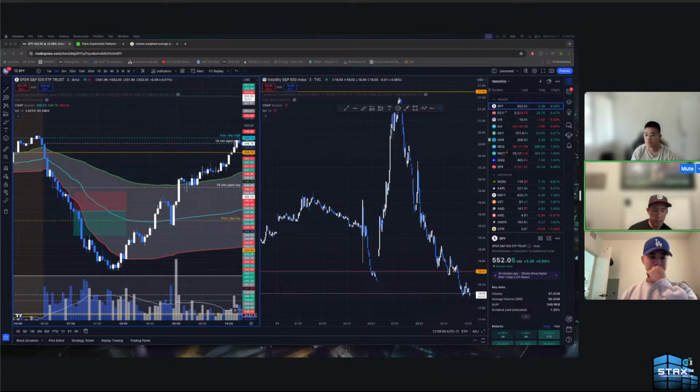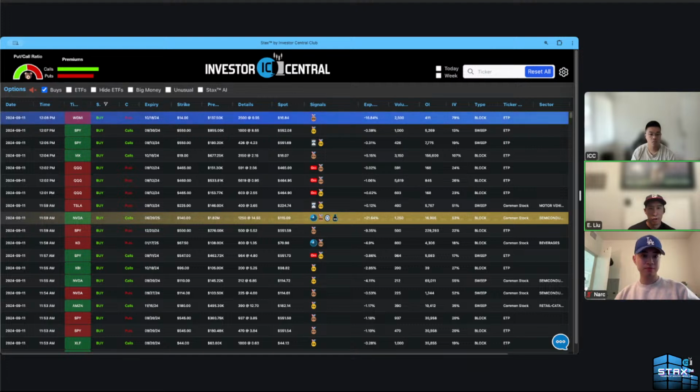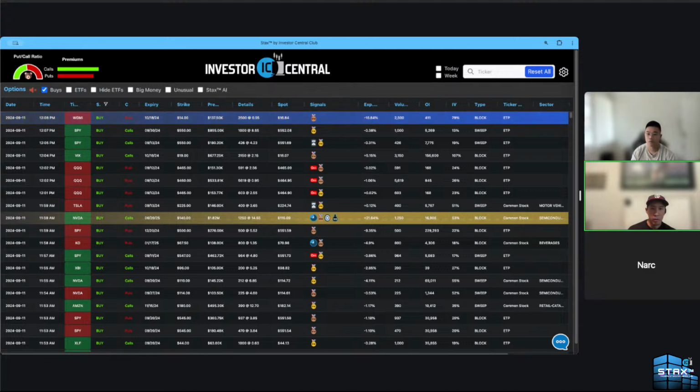One of the things I think a lot of traders will understand is, it's one thing to have the information, it's another to be able to go through and actually decipher what's going on with it. One of the things that we love with Stacks is there's an easy way to filter things. Not only do we have our checkboxes up top, let me share my screen here, that allow us to filter through the buys and the sells and everything like that, but we can also figure out what big money is purchasing, what the unusual situations are.